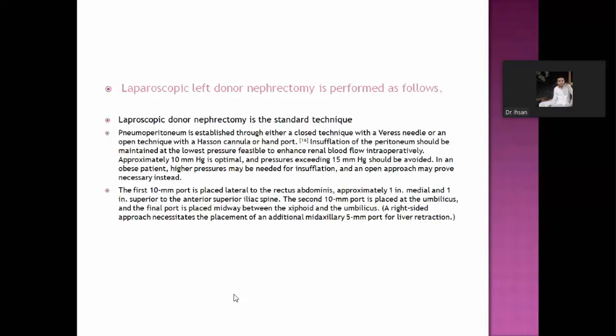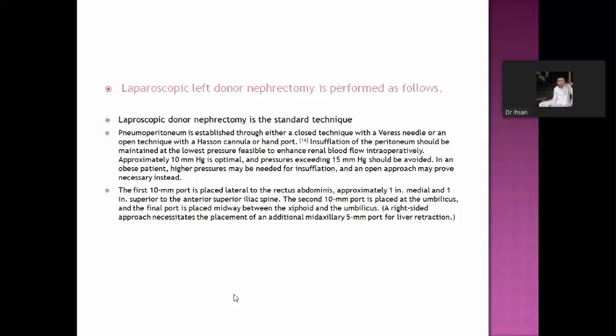Approximately 10 mm Hg is optimal and pressure exceeding 15 mm Hg should be avoided. In an obese patient, higher pressure may be needed for insufflation and an open approach may be preferred if necessary.